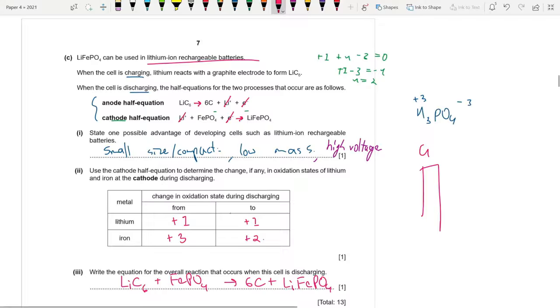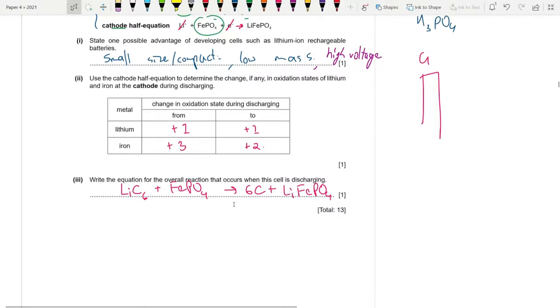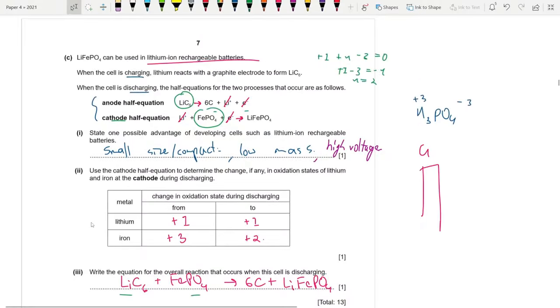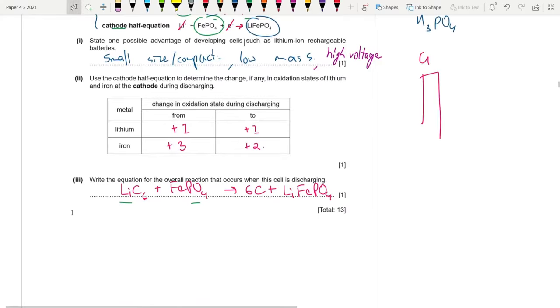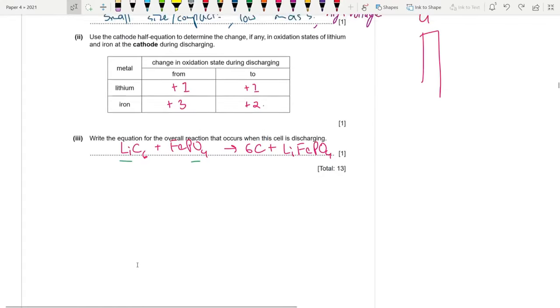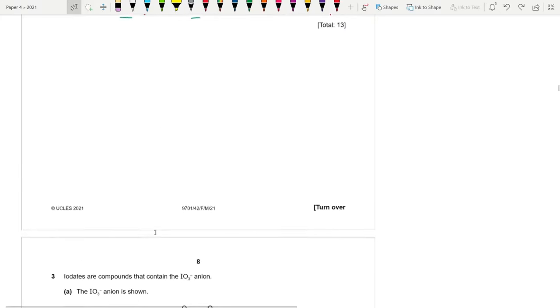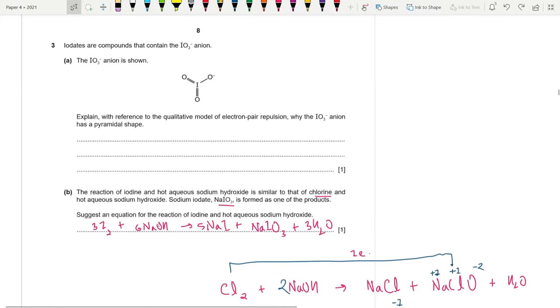So what are the remaining things on the left? We have LiC6 and FePO4, right? At the left. What about the right hand side? We have 6C and LiFePO4. We have these, okay? So that's how we construct the overall reaction, right? Moving on to question number 3.